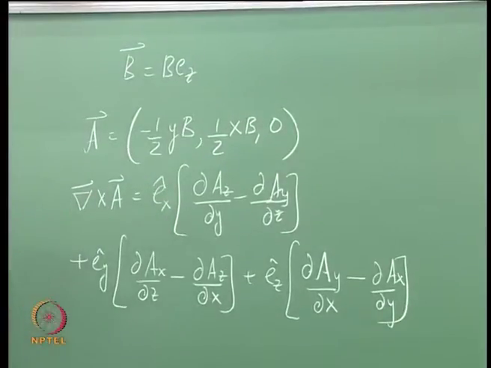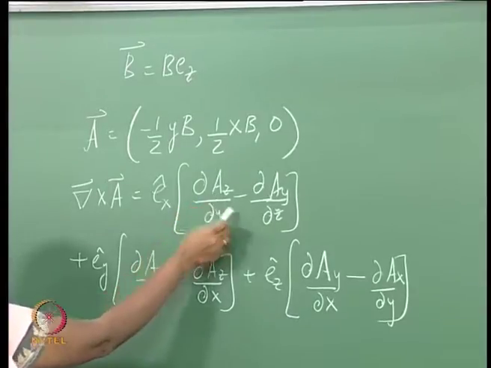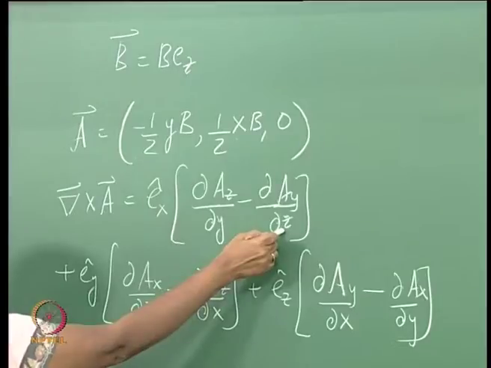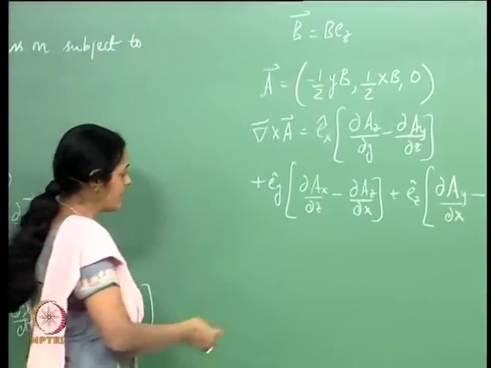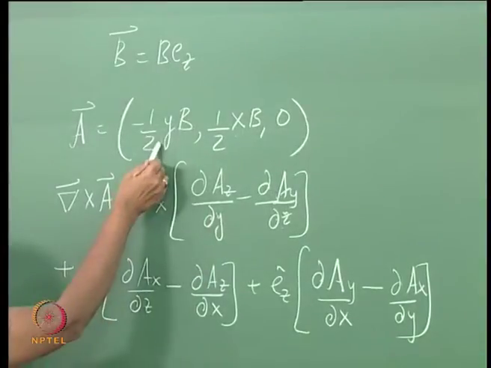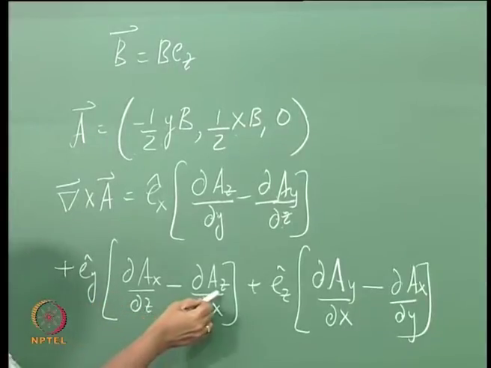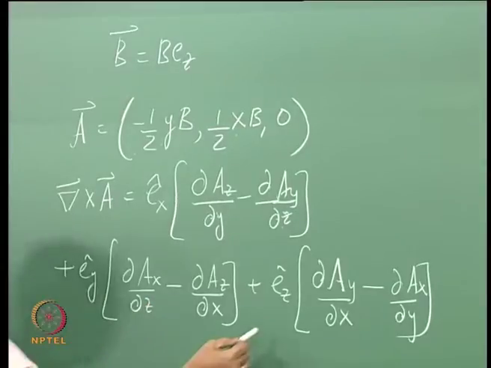Now, with this choice of the vector potential, since Az is 0, this does not contribute. Ay is not a function of z, so this does not contribute. So, there is no component along the x axis. Similarly, look at this. Ax does not have z in it, and therefore, this does not contribute, and Az is 0. So, there is no component along the y direction.